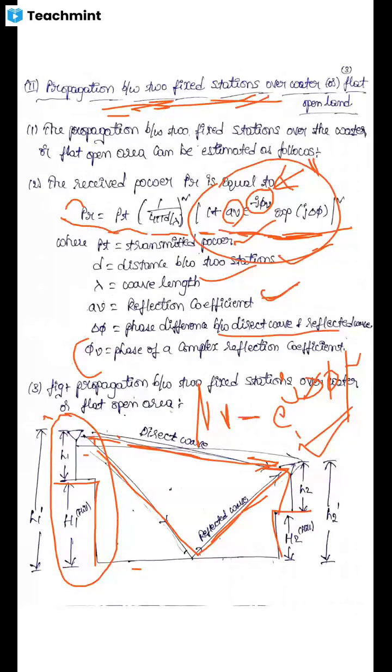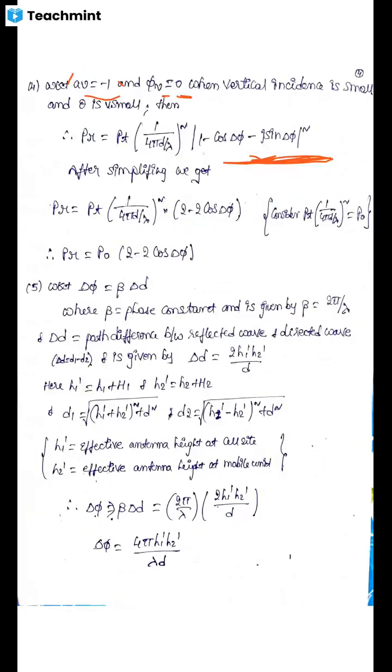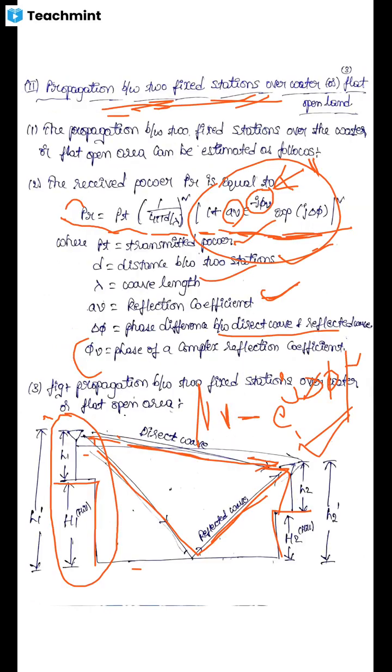See, between the two fixed stations, after substituting AV is equal to -1 and phi suffix v is equal to 0, I got the expression PR is equal to PT into (1 by 4 pi d by lambda) whole square, modulus of 1 minus e power j del phi whole square.